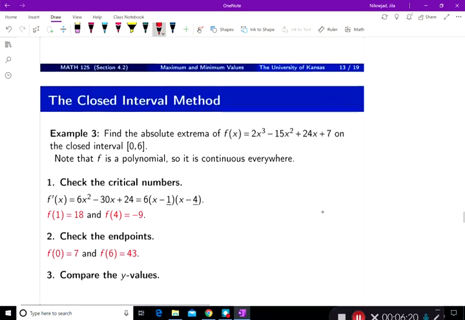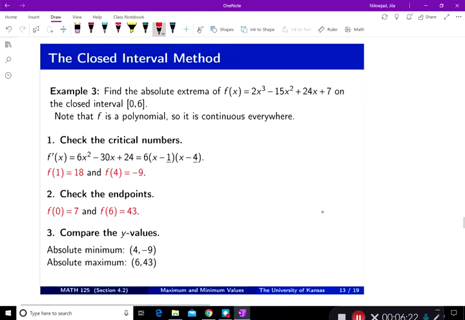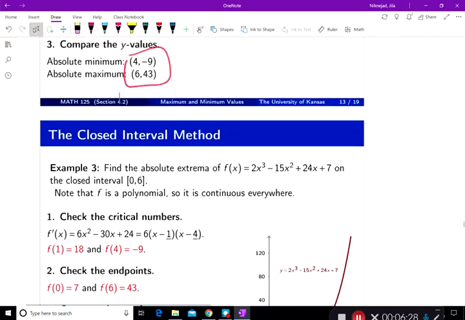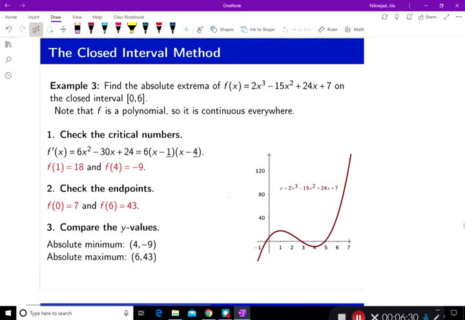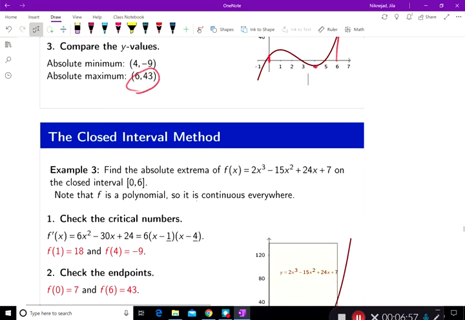And now we compared the values, we found these, and let's see how it sits on the function. So this is the function, if you graph it, and if I look at the interval 0 and 6, I see that this endpoint is the highest value, which is 6 and 43, and the lowest value is reached over here, which is 4 and -9.